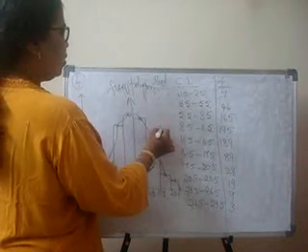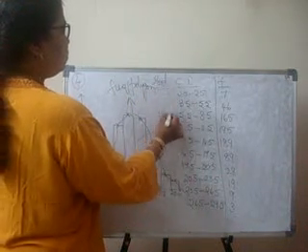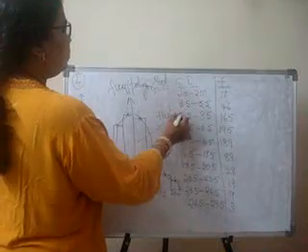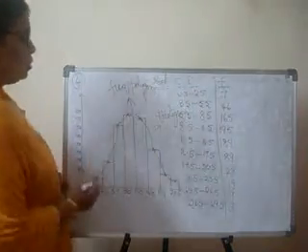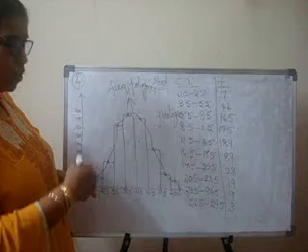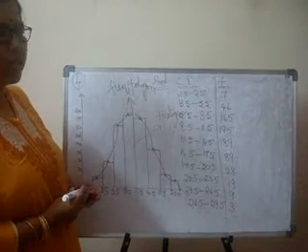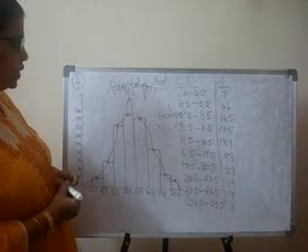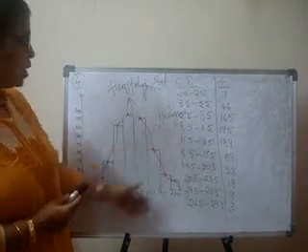And this is your histogram. So the histogram's midpoints, if you join with your free hand, you call it a frequency polygon.